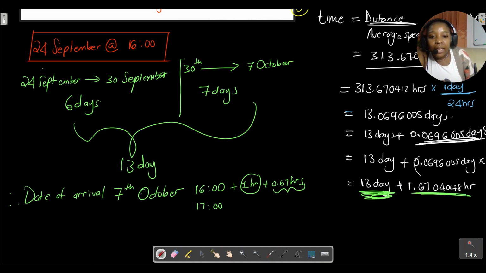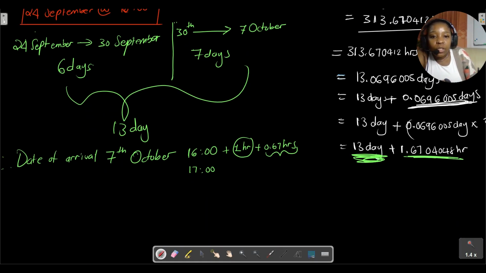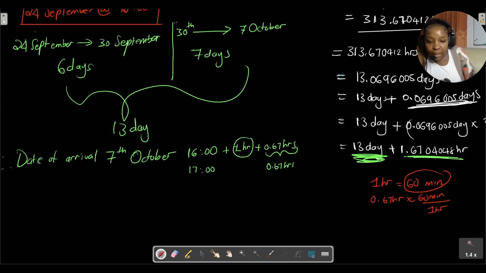How can we convert that into minutes? What do we know? Sorry guys, 1 hour is equal to 60 minutes. So we're just going to take 0.67 hours multiplied by 60 minutes, divided by 1, because I just want to determine the minutes. So 0.67 multiplied by 60 divided by 1 is giving me 40.2 minutes.